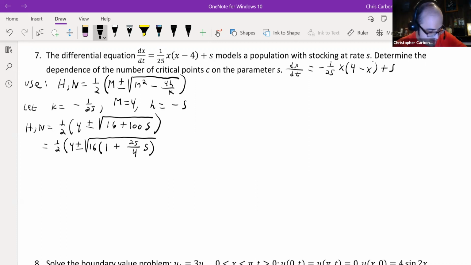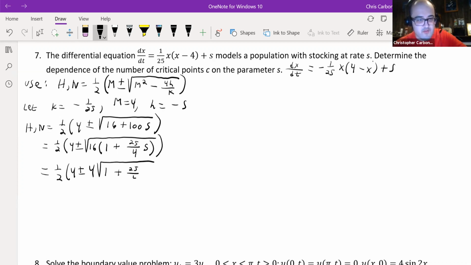It should then be noted that taking out that 16 will give us 1/2 times 4 plus or minus 4 times the square root of 1 plus 25/4 times s.